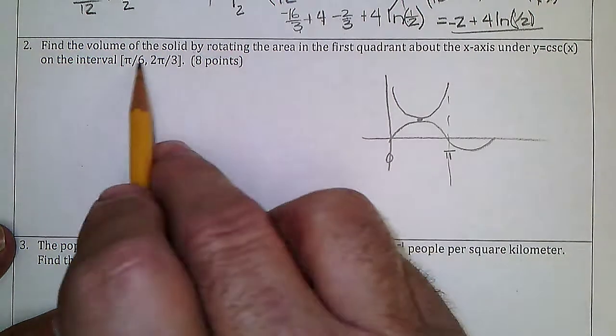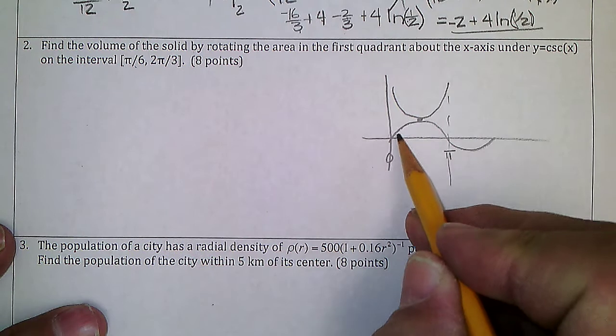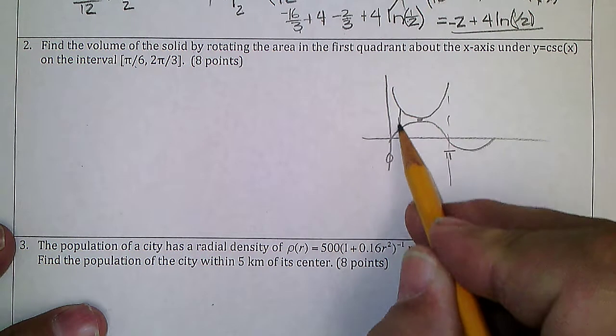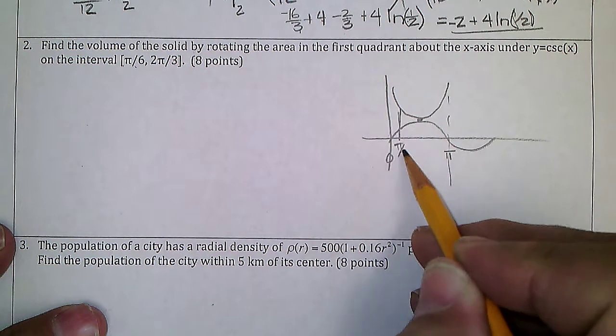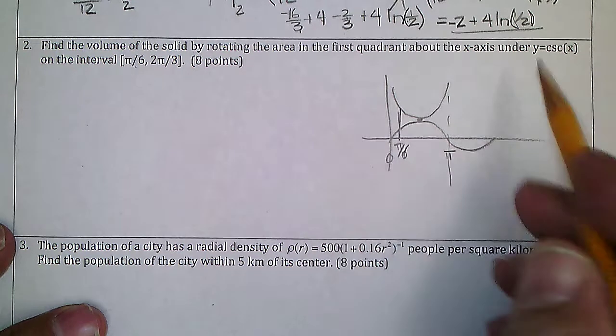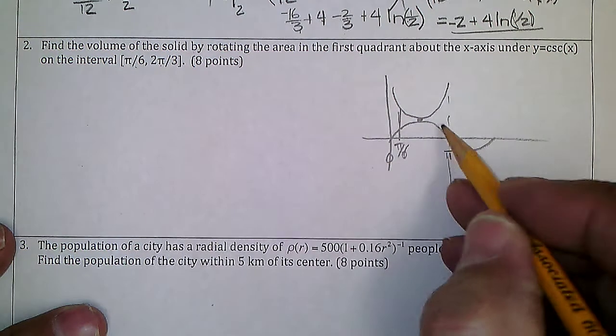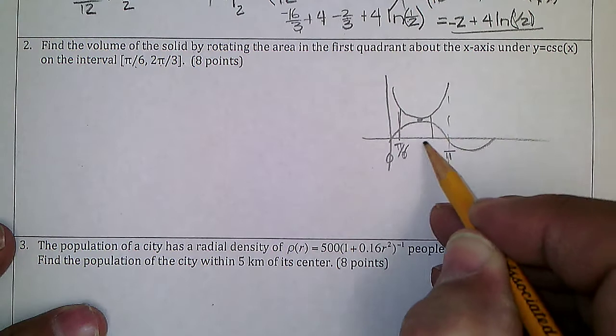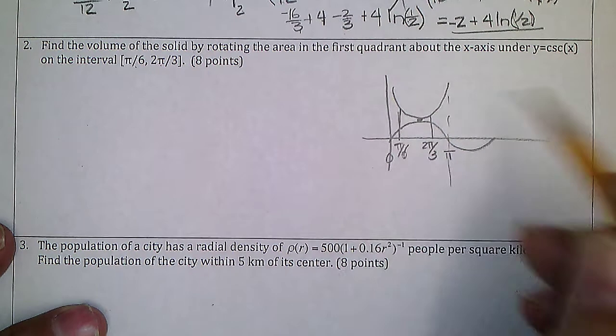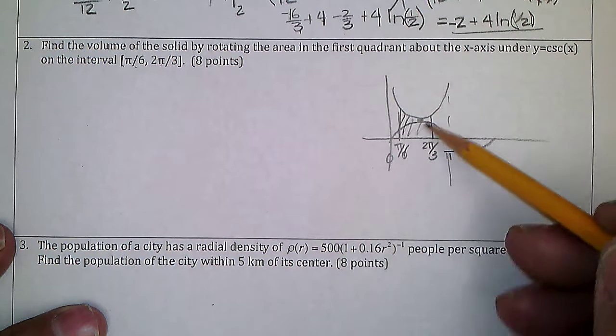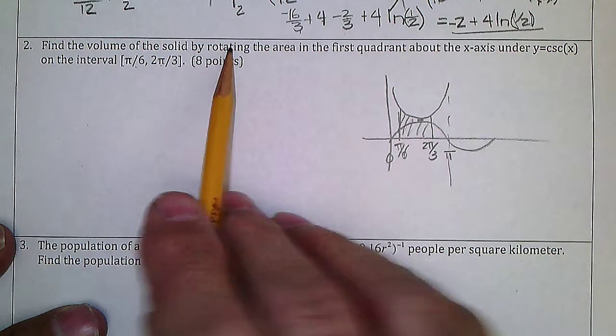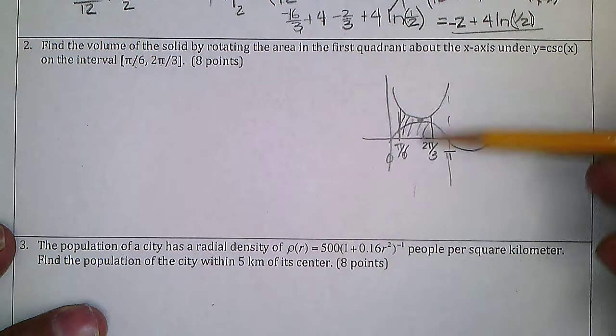And it says to do it between pi over 6 and 2 pi over 3. So we want this area, rotating the area about the x-axis.